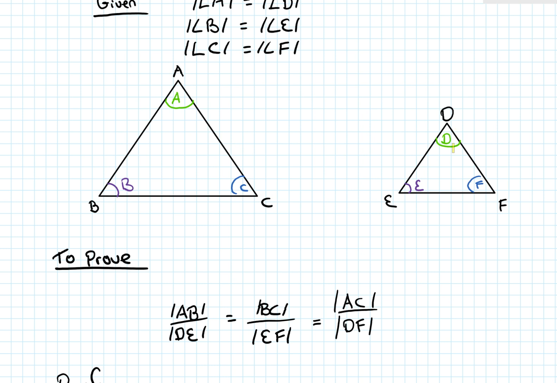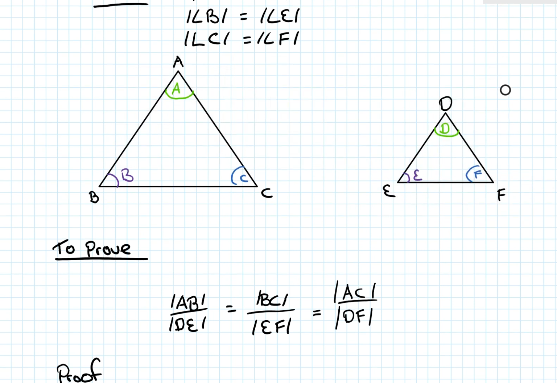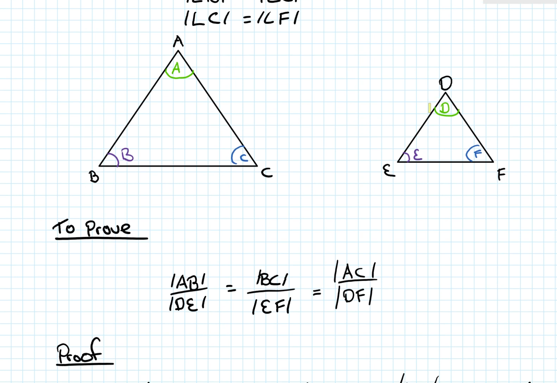So the proof then, well, what we end up doing is essentially drawing this triangle on top of this triangle, or dragging it across, okay, by drawing in another parallel line. So I mark this length off here and this length DF off here.